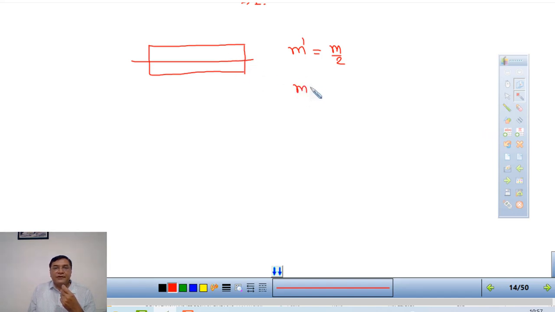Pole strength also becomes half. Length remains the same. And if you cut transverse, now the length is half, pole strength does not change, and magnetic moment becomes half. Here the pole strength becomes half, and therefore the magnetic moment becomes half.